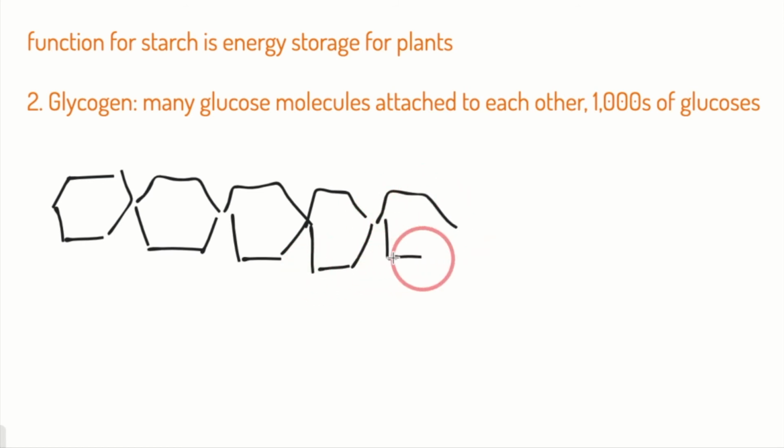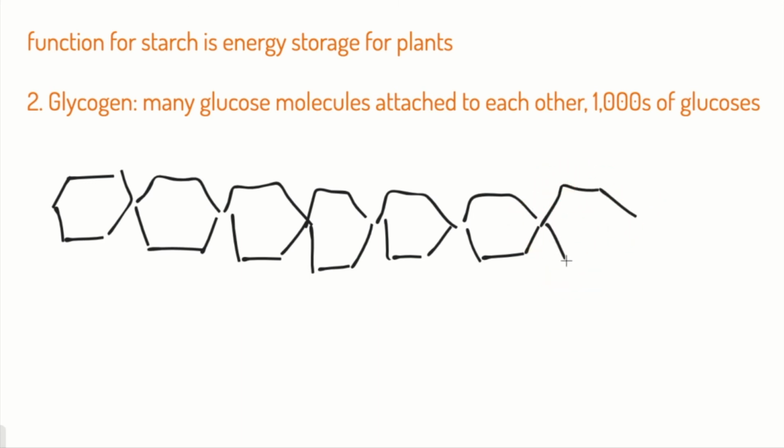And so, for example, if you're going to go run a marathon or do some heavy activity, you probably have heard of carb loading. So you eat spaghetti or potatoes the night before and you eat a bunch of carbs. What you're doing is you're filling up your glycogen stores.